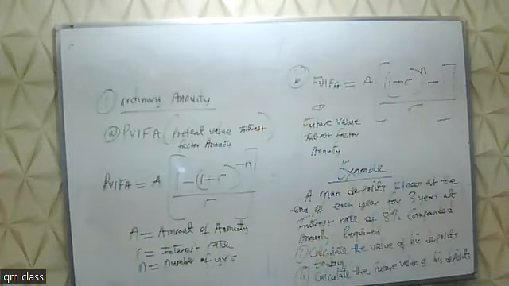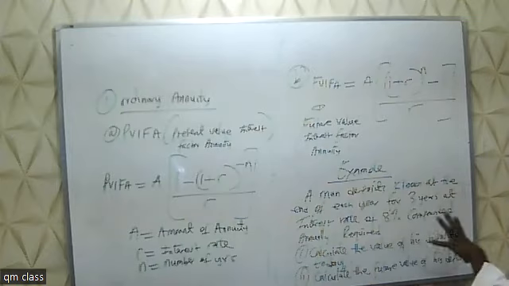So a man deposits how much? 1,000 kwacha at the end of each year for 3 years at an interest rate of 8% compounded annually. So this question, even if they tell you in an exam, is an annuity. But what type of annuity? Is it ordinary or annuity due?